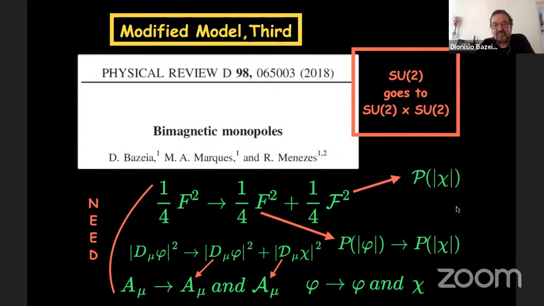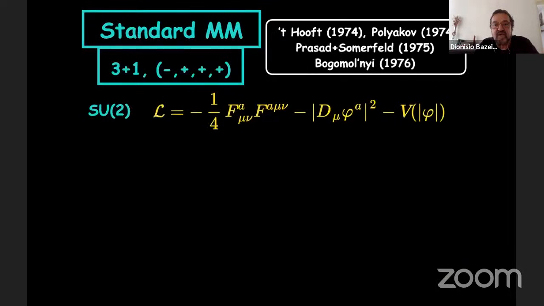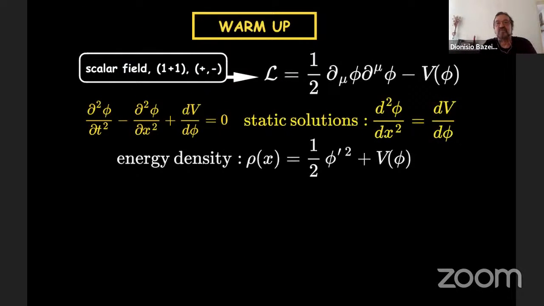The two shells, in fact, come from the scalar field, but through the function P. It's the mechanism. I will try to explain this. I can go to the simple case of a single scalar field.